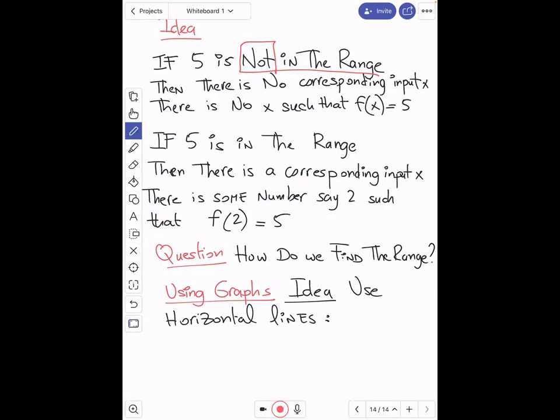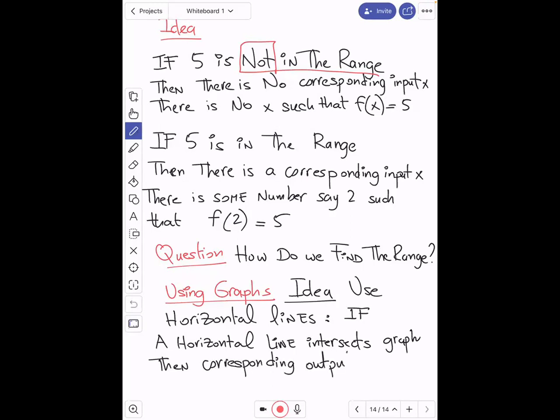I mean, if a horizontal line intersects the graph, then the corresponding output y is in the range.